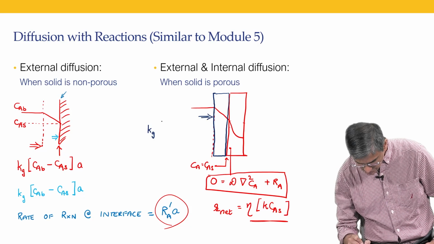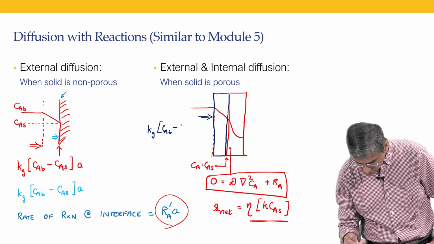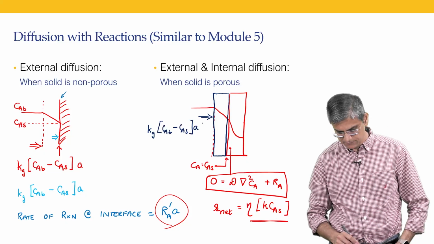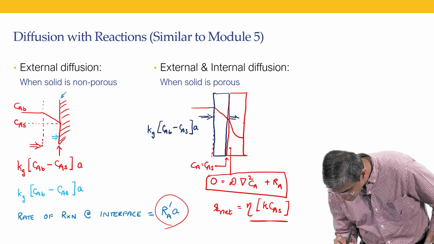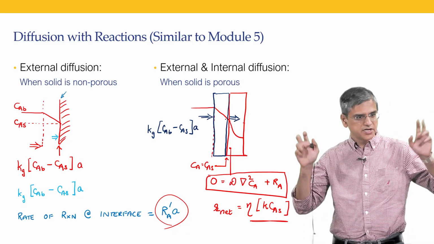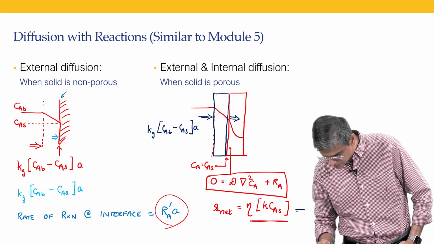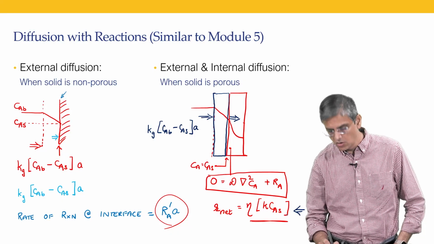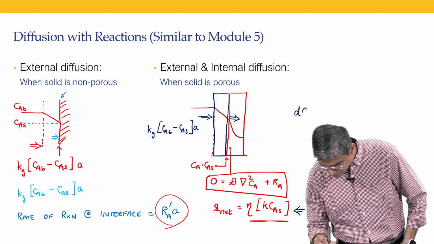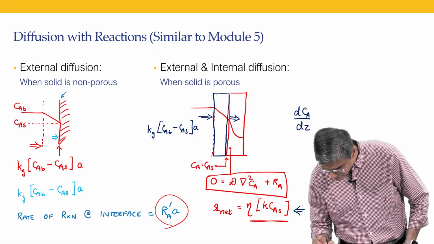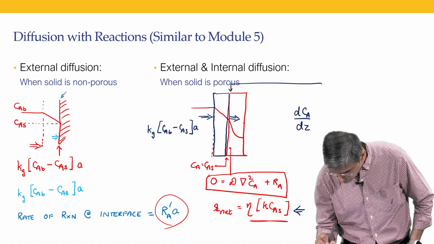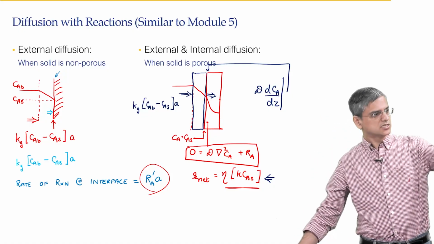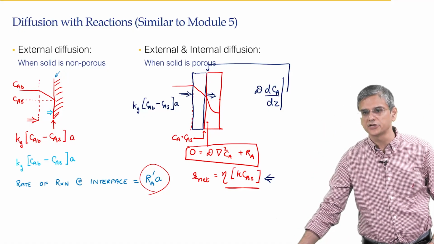What goes in is Kg (CAb minus CAs) multiplied by A. What goes out into the reaction term is either this, or equivalently it is going to be dCA by dZ at this location multiplied by the diffusivity, right? That is the amount that is going out from that particular boundary.